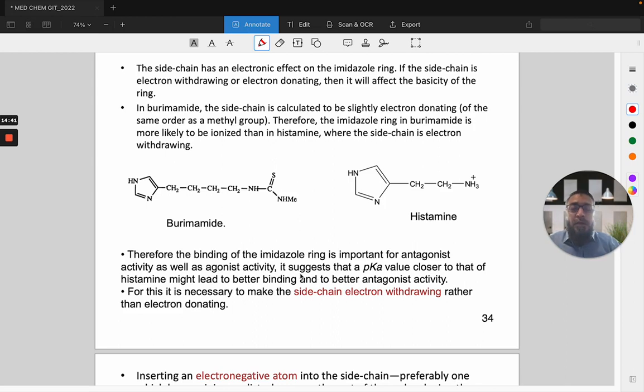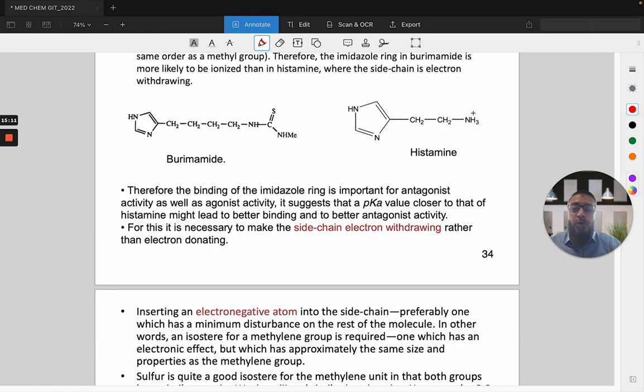It is suggested that a pKa value closer to histamine might lead to better binding. So for this it is necessary to make the side chain electron withdrawing rather than electron donating. So they came to the conclusion that the side chain should have an electron withdrawing group rather than an electron donating group in order to make the side chain more susceptible to hydrogen bonding.